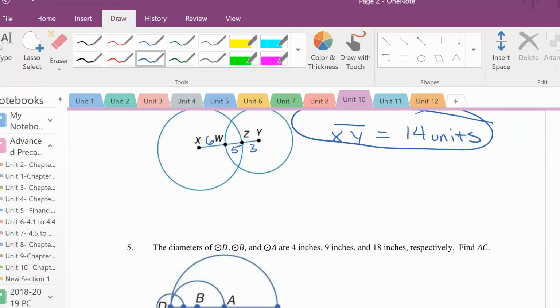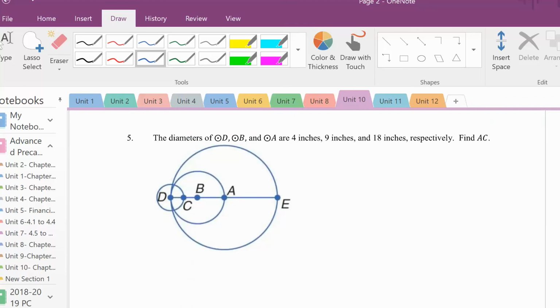So the next one, the diameters of circles D, B, and A are 4, 9, and 18. So that means the radii are 2, 4.5, and 9. So the radius for circle D is 2. The radius for circle B is 4.5. And for circle A, it is 9.